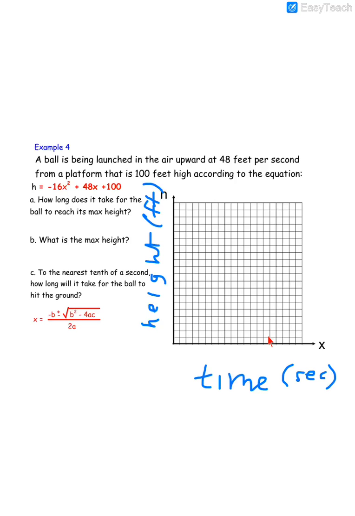Okay, so let's figure this out. So 0's in the bottom left corner. And now I need to figure out which numbers I need to worry myself with. So basically it goes from 0 to somewhere, probably 0 to 5, because by 5, it hits a negative number, and that means it's definitely hit the ground. So I got to go from 0 to 5.